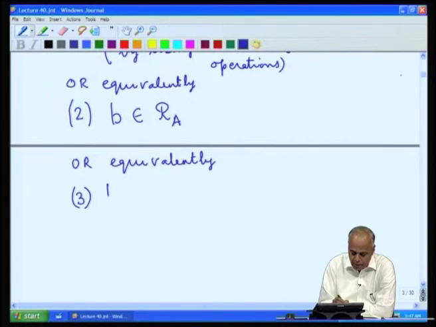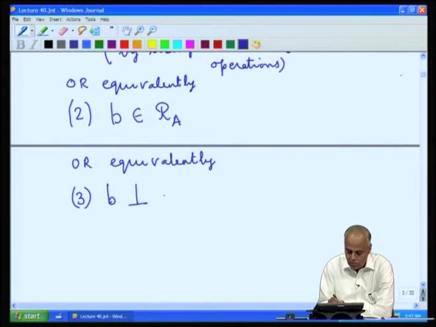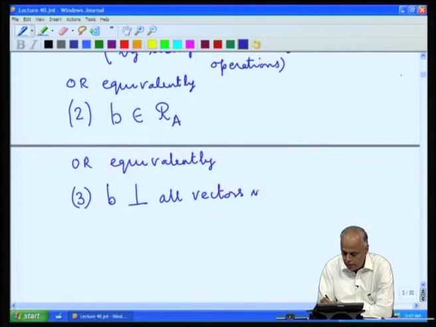So, the same can be written as B is orthogonal to all vectors in the null space of A transpose.